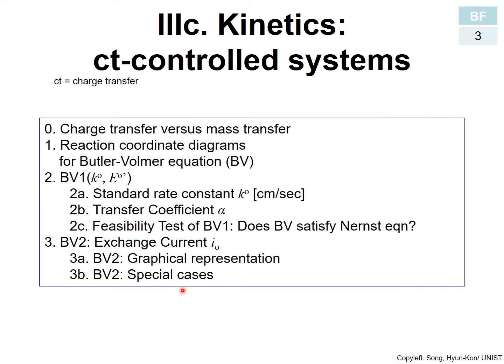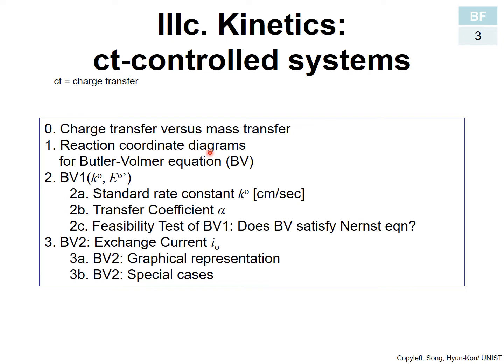Here is the content for this chapter 3C. At the very first, I will try to compare between the charge transfer and mass transfer controlled systems. The Butler-Balmer equation is the most representative equation for describing the kinetics of charge transfer controlled systems.